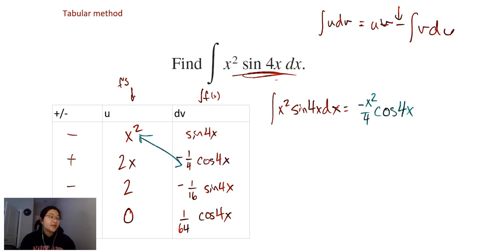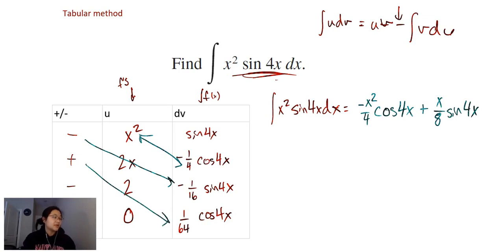And then we go this way. So we get plus, because negative times negative is positive, x over 8 sine of 4x. And then here we get plus 1 over 32 cosine of 4x plus c.